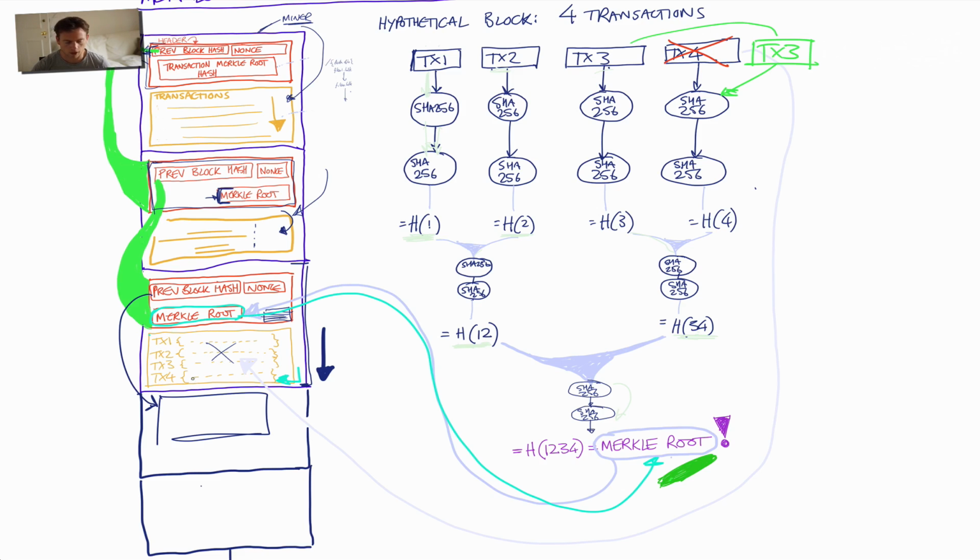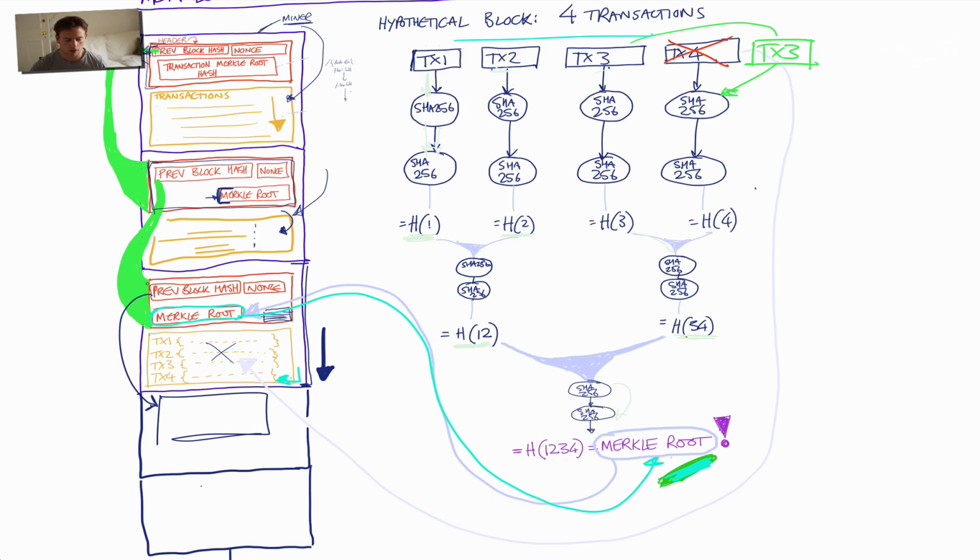Because that validation is going to involve doing the same thing. It's going to check the Merkle root by laying out all the transactions in the list in a long line like here, and then repeating this process and checking that the Merkle root that comes out is the one that's in the block header. So clearly you can't add or change the transactions in the block without changing the Merkle root.